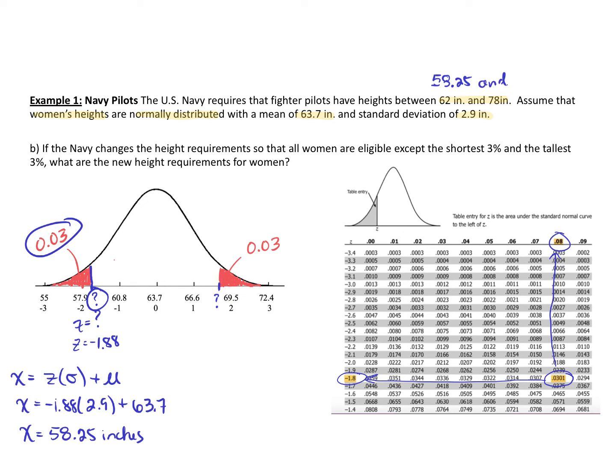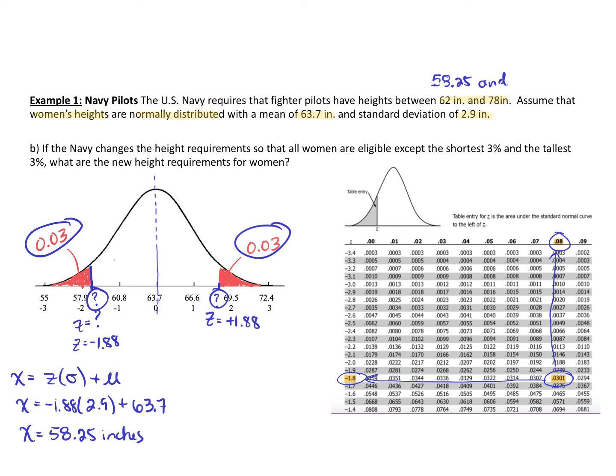And then to find the height that corresponds to the tallest 3%, well, because this is a bell-shaped curve that is symmetrical along the center there, we know that since the area on both tails is the same, they're both 0.03, that means that the z-score that corresponds to this height on the right tail is going to be positive 1.88.